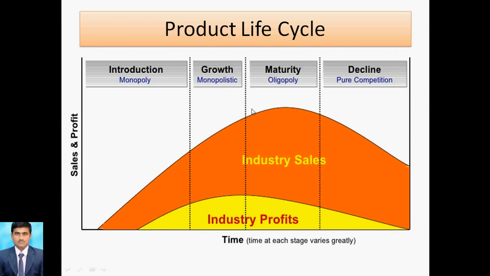Now after some period of time it goes to the maturity stage, which is called an oligopoly. This is the stage where the product has sustained for some period of time. Here the industrial sale is more and more, and profit is also more. After some time it goes into decline because of pure competition in the market.